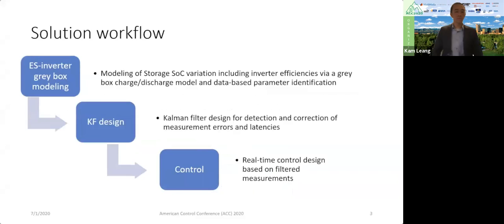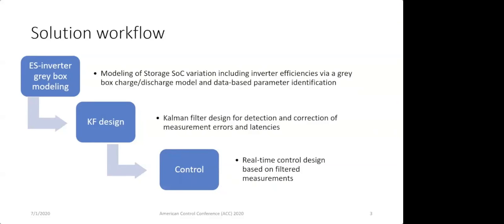A summary of the solution workflow is presented in this slide, where there are 3 main steps. Number 1, modeling the energy storage and inverter performance using the input excitations applied to the energy storage system and measuring the outputs.